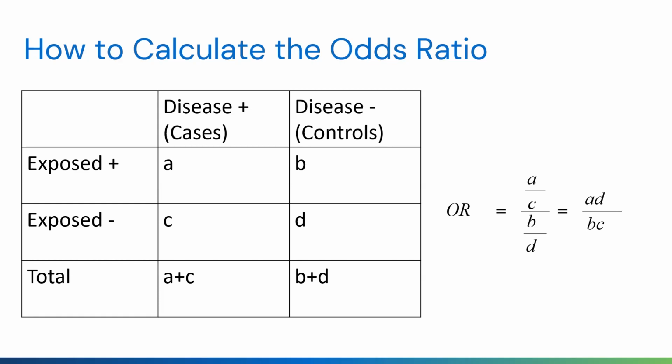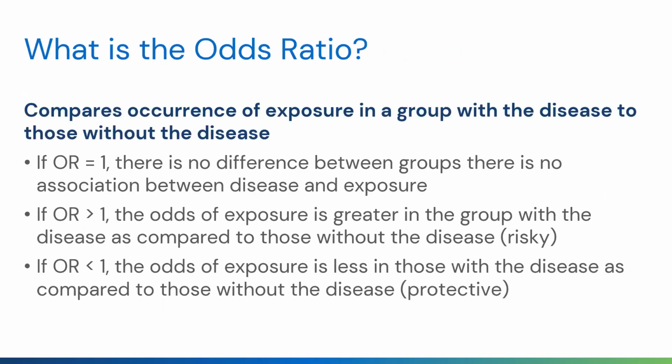To calculate the odds ratio, you take the product of A and D over the product of B and C. So it's just like a giant X on this table. That's calculating the odds ratio. You can then interpret the value compared to the value of 1, as I've just mentioned, and that will allow you to assess whether the occurrence of that exposure in the diseased group has an association or not.